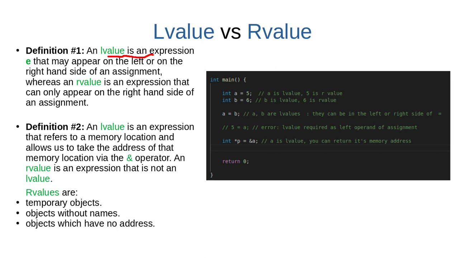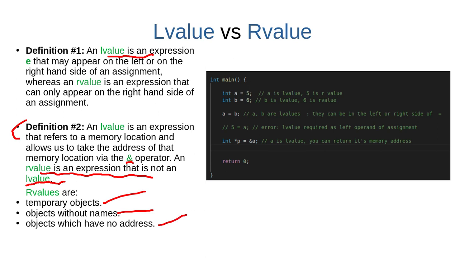The second definition, which is the newer one: an lvalue is an expression that refers to a memory location and allows us to take the address of that memory location via the address-of operator. An rvalue is an expression that is not an lvalue. So rvalues are temporary objects without names, objects which have no address.